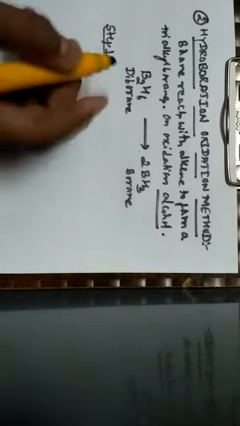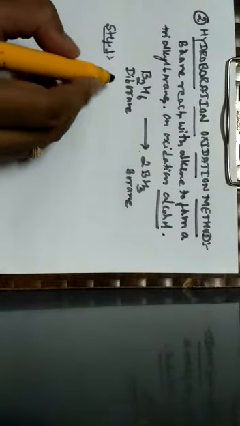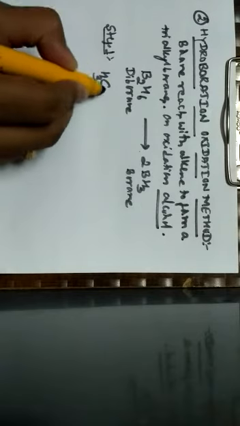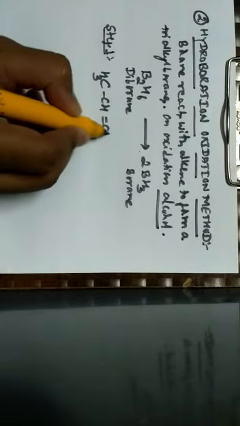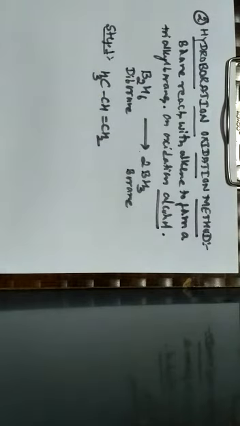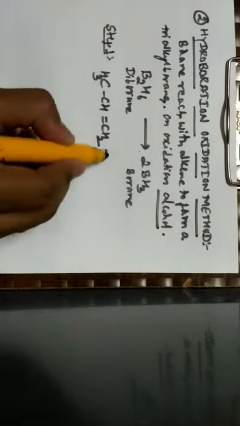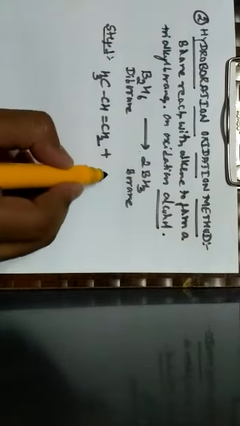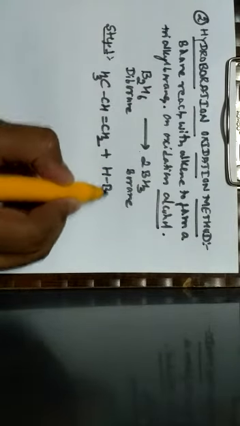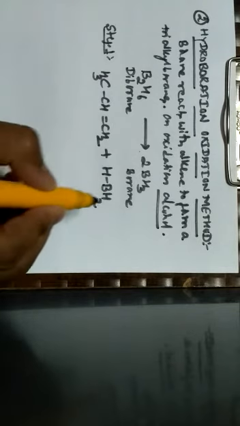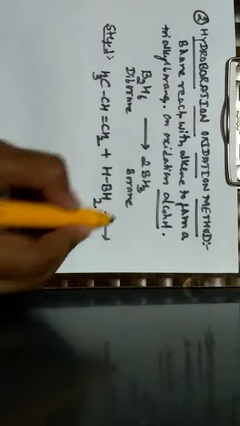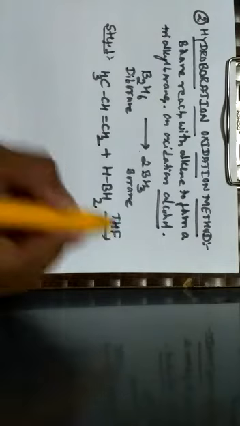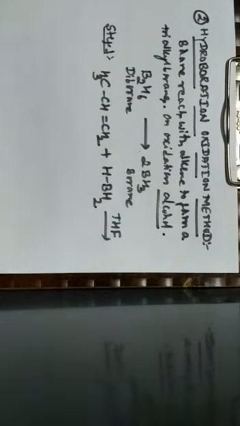That is step 1. In step 1, propene is involved in the reaction, that is CH3CH=CH2, which is known as propene. This propene reacts with borane, which I will write as HBH2, in the presence of THF, tetrahydrofuran.